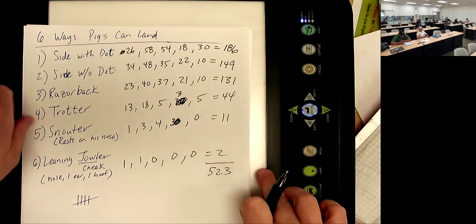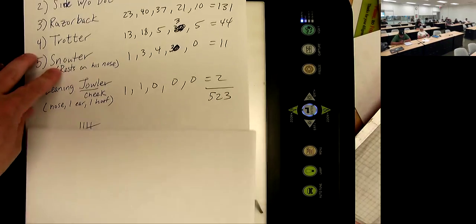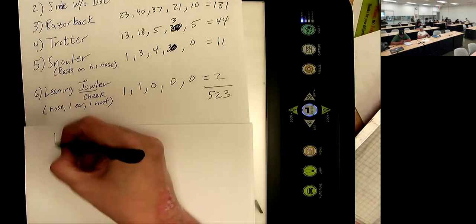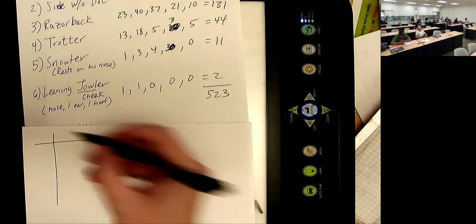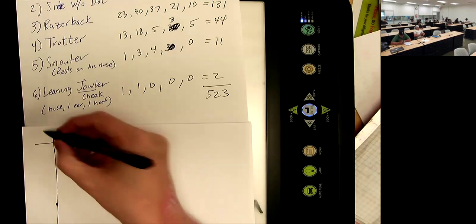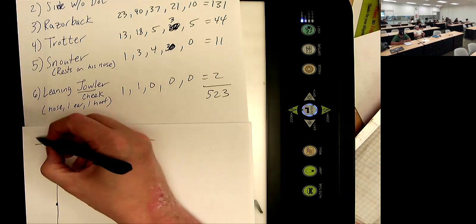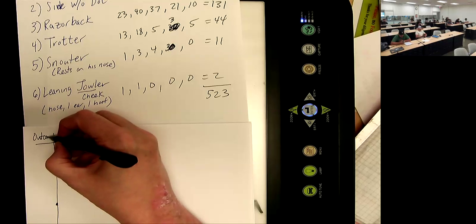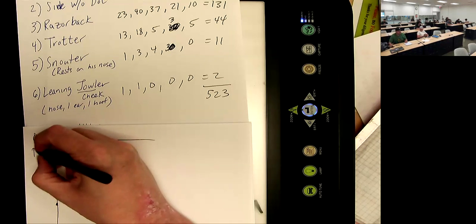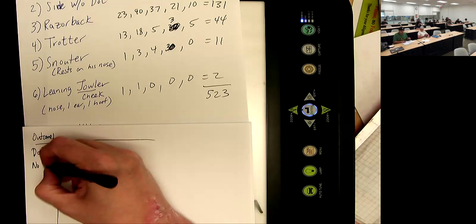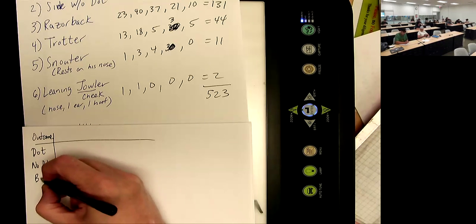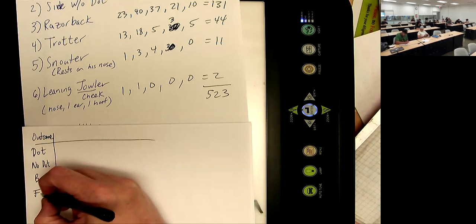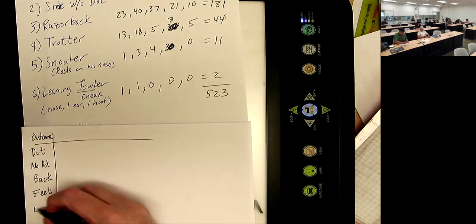All right, so we're going to make a probability model with what we got. We'll make a little table. I'll say outcome: dot, no dot, back, feet, ear or nose and cheek, how about that?